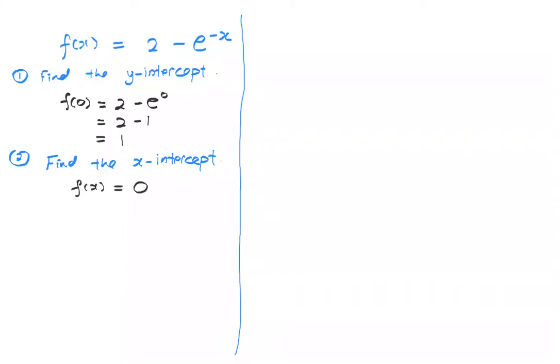So 2 minus e to the power negative x equal to 0, which means e to the power negative x is equal to 2.